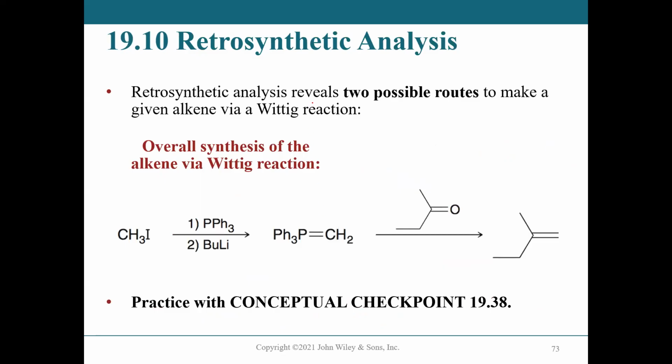The retrosynthetic analysis reveals two possible routes to make a given alkene via a Wittig reagent. The overall synthesis via the Wittig reaction is this.